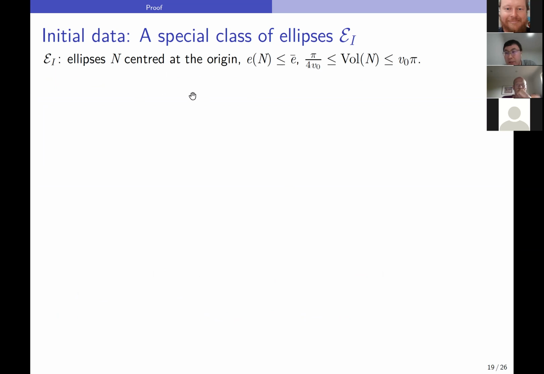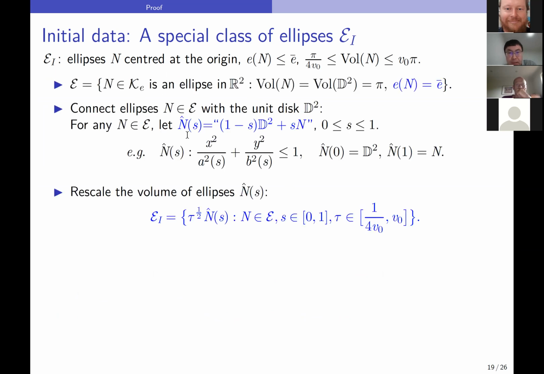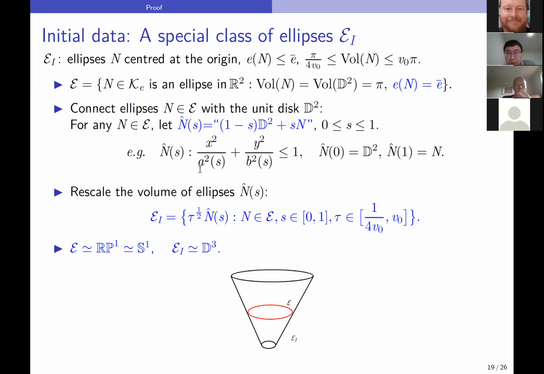This is our initial set. I'll skip the construction, but you can show that this initial set E_I is homeomorphic to the 3-ball D3 in R3, using the Hausdorff distance.